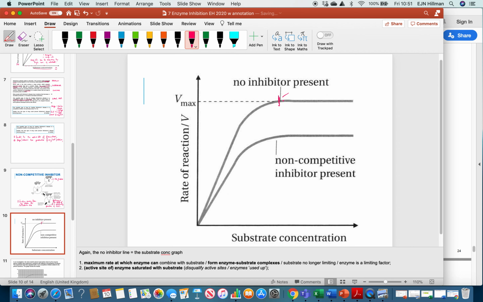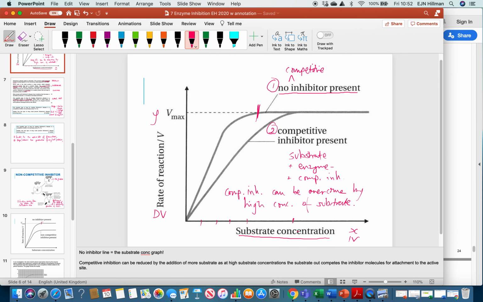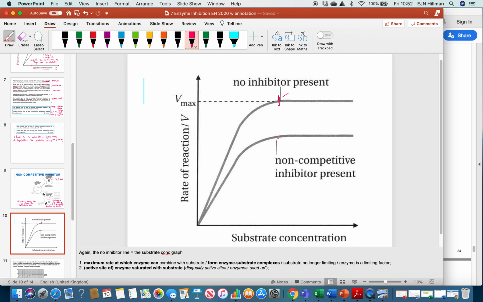At this point, all of the active sites are saturated with substrate. If we compare that to the addition of a non-competitive inhibitor, we can see that it reduces the Vmax. So unlike the competitive inhibitor, increasing the substrate concentration to a high substrate concentration will not overcome the effect of the non-competitive inhibitor.